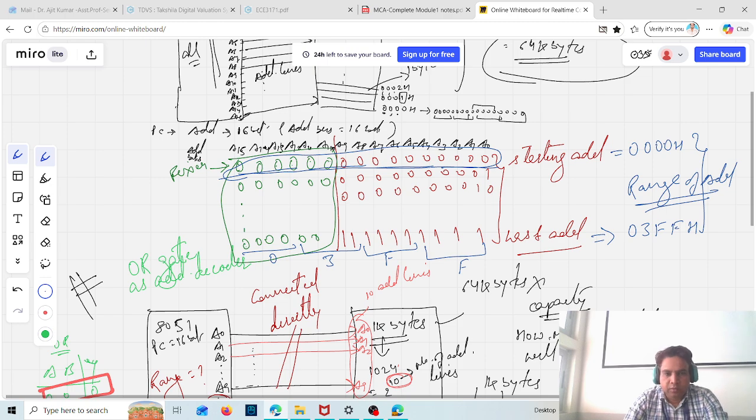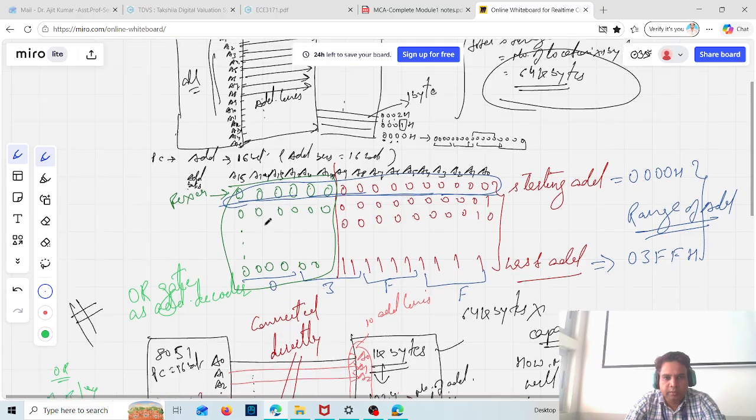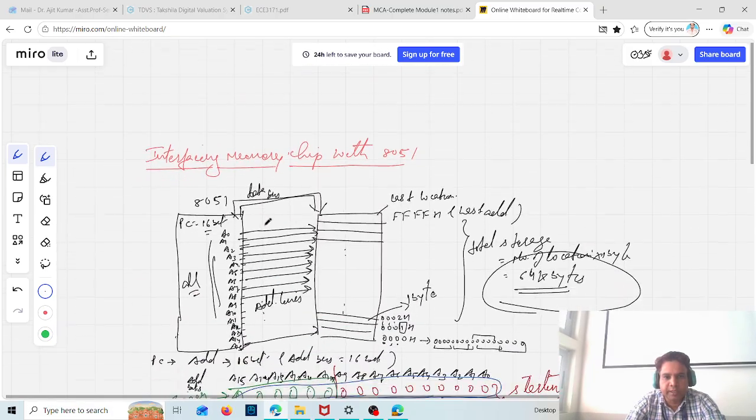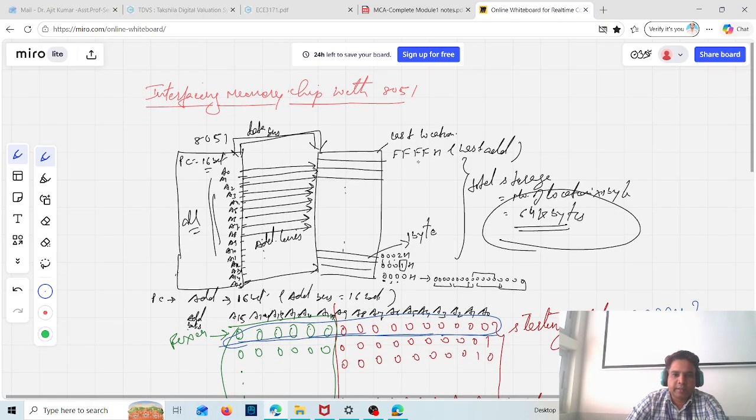So this was the concept where we have seen that if I connect the full memory chip capacity, that is 64 kilobytes, then the range of address will be 0000H to FFFFH.